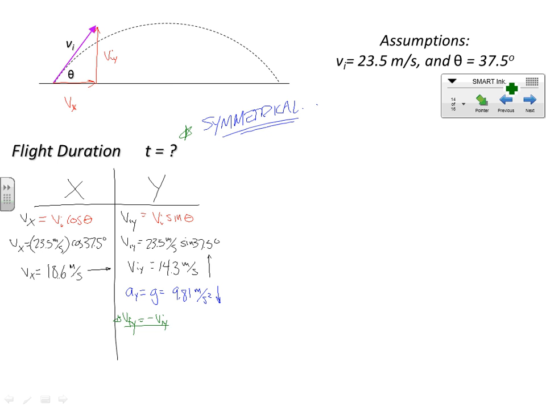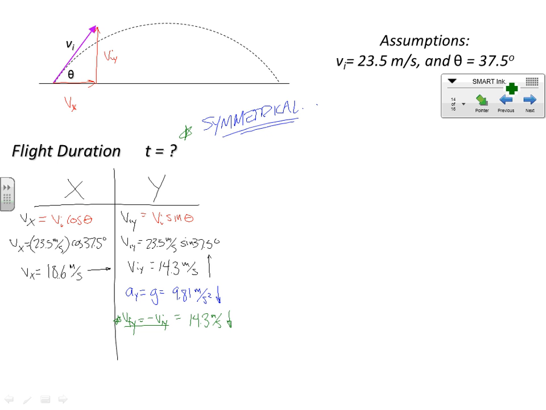So that means that VFY, we've already found it, is 14.3 meters per second downward. I hear you. Can I just use the top and find the time to there and say VFY is 0 and then multiply my whole? Yes, you can do that. This is one of the ways to do this one.